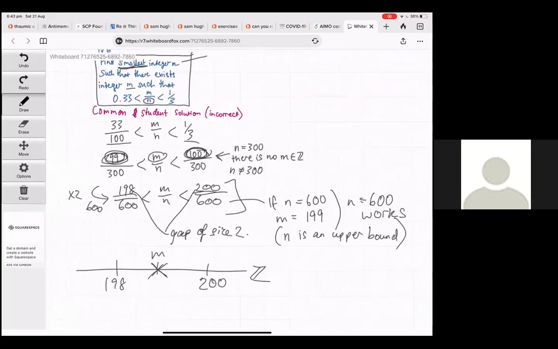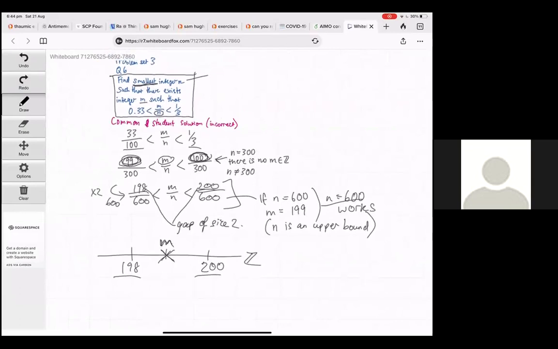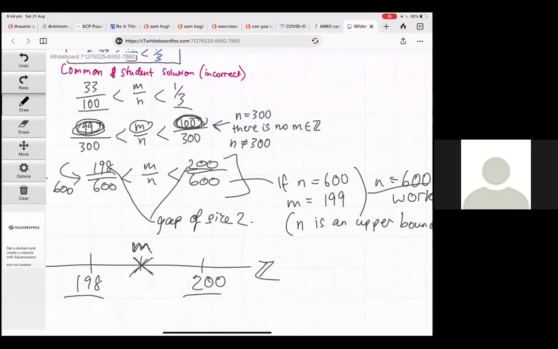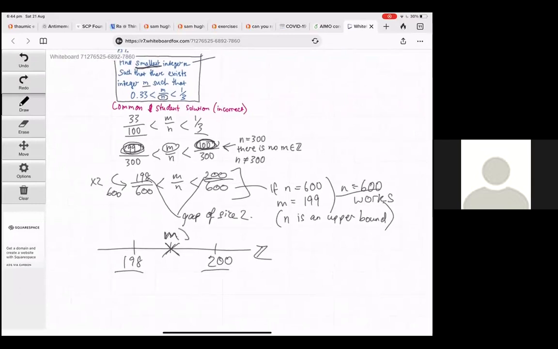And yeah, indeed, if n is equal to 600, then we just need to choose our numerator to be between the 2 numerators on the outside. And it feels like this is the smallest we can go, because it felt like the gap of size 2 was the smallest gap you could get that allows you to squeeze an integer inside.